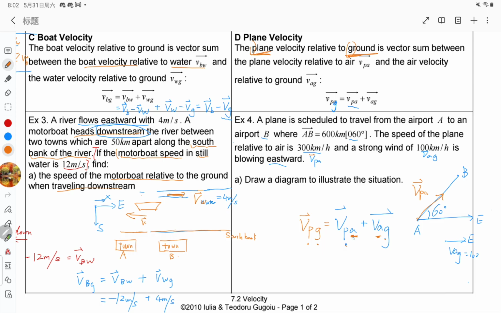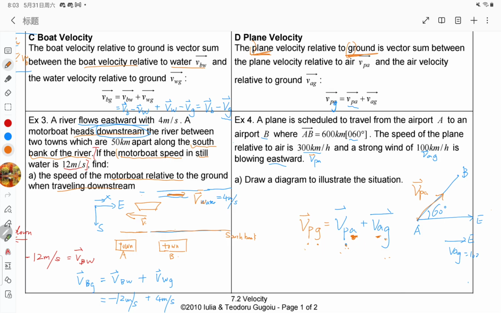The intermediate object of the air, right? So plane relative to air relative to the ground. So if we decompose the vector as a summation of two other vectors, we just have some intermediate object to decompose it. That's the idea.